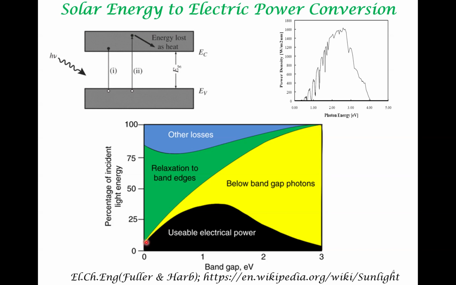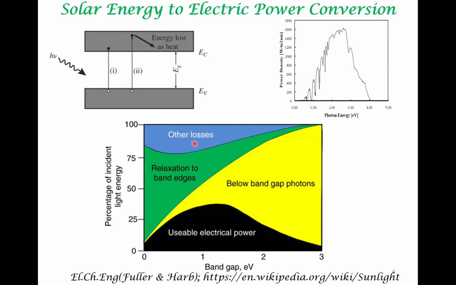There are very few photons that cannot be absorbed. But as you keep increasing the band gap of the semiconductor, the number of photons that have lesser energy than the band gap increases. So there are other losses too, which we are not going to talk about here.